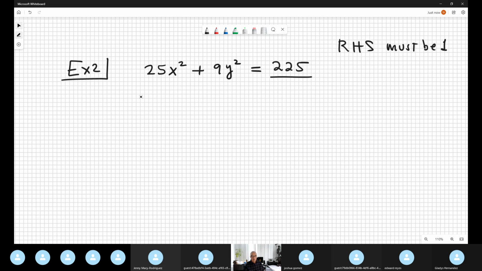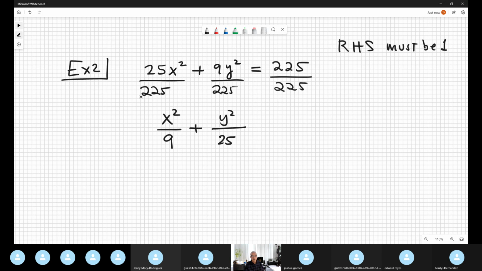So you divide everything by 225. I put in my calculator: 225 divided by 25 is 9, but 9 in the denominator, plus 225 divided by 9 is 25, y squared. And this equals 1. Wow, nice. This is now in standard form.